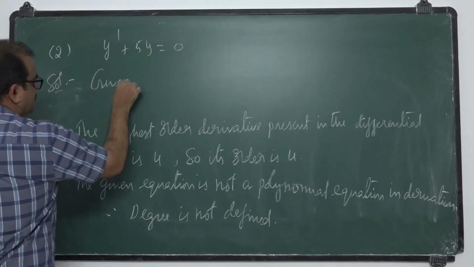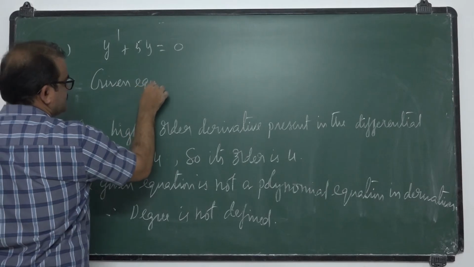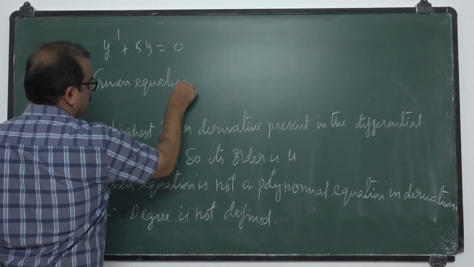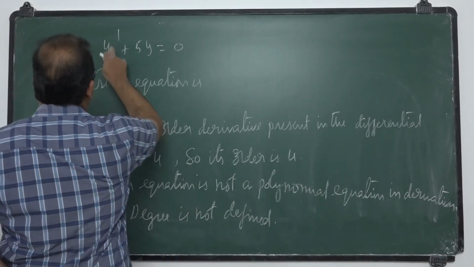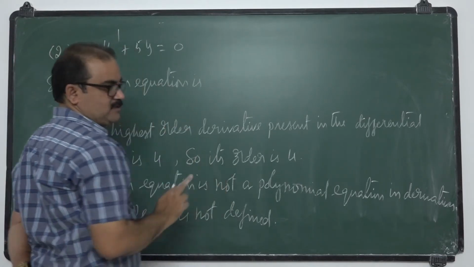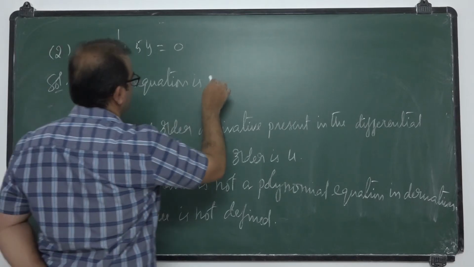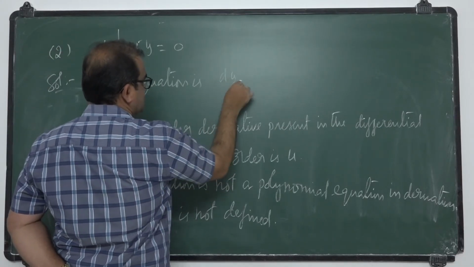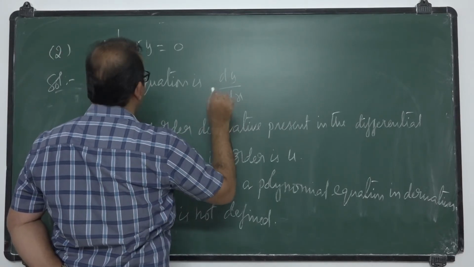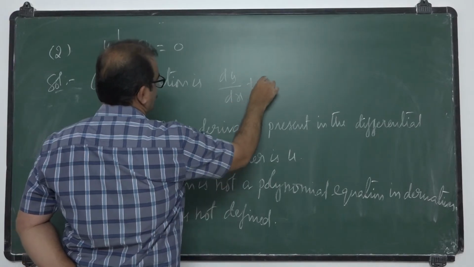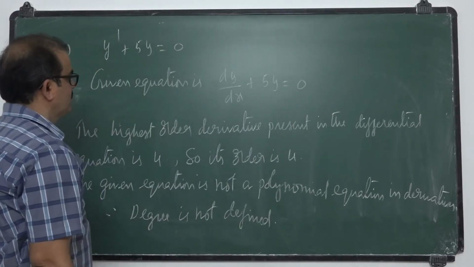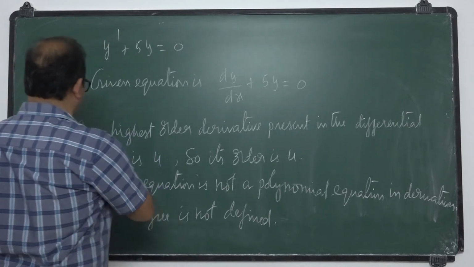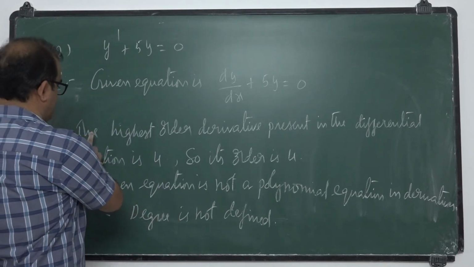Given equation is y dash, which means first derivative of y, or y dash is taken as dy by dx, plus 5 into y is equal to 0. First find order.